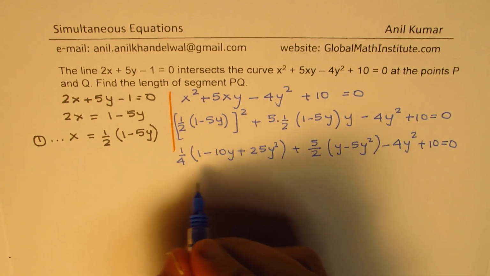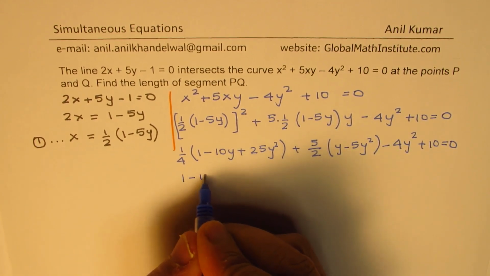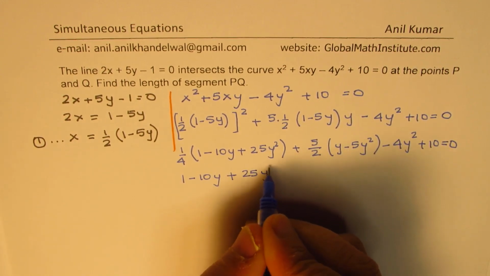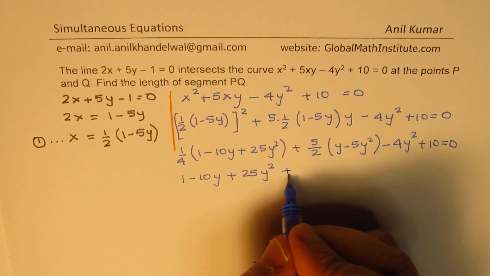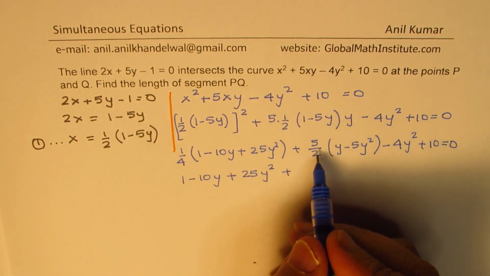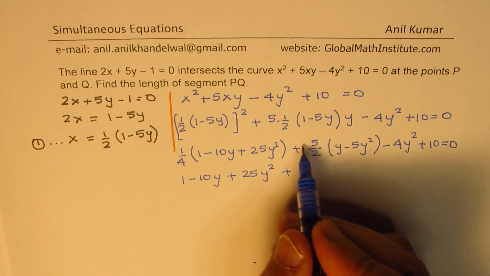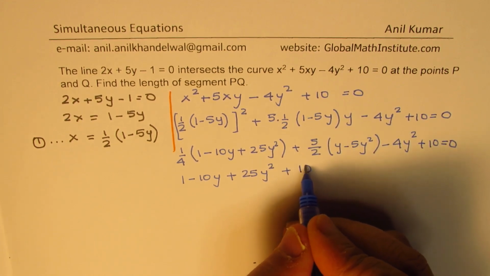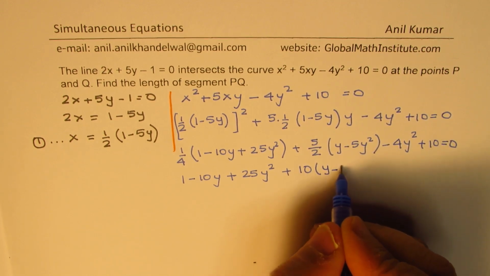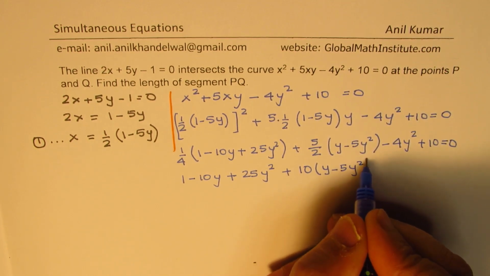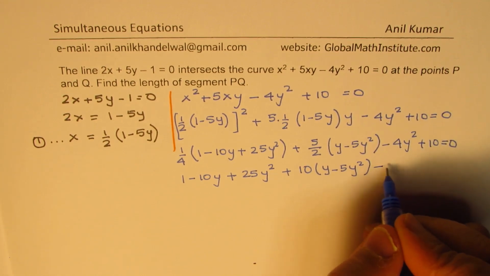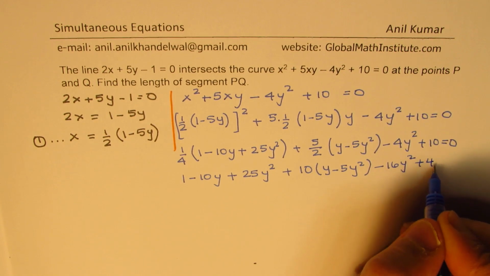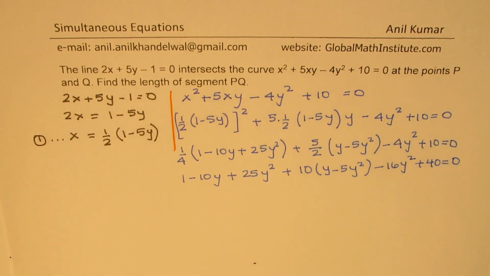So what we get here is 1 minus 10y plus 25y squared plus, when we multiply by 4, 4 divided by 2 is 2 times 5 is 10. So we get 10 times y, minus 5y squared times 4 will give me minus 16y squared here, and that will be plus 40 equals 0.